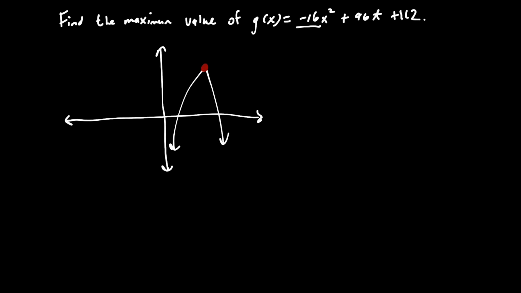And so just to confirm this, we do in fact have a maximum value. And recall that the maximum value occurs at f evaluated at h, which is equal to k.